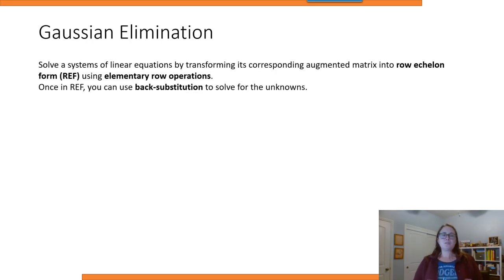Okay, Gaussian elimination. This is a way to solve a linear system of equations by transforming its augmented matrix into row echelon form, and we're going to use our row operations to do that. Then once we get into row echelon form, we use back substitution to solve it. We'll see in an example what exactly I mean by that.